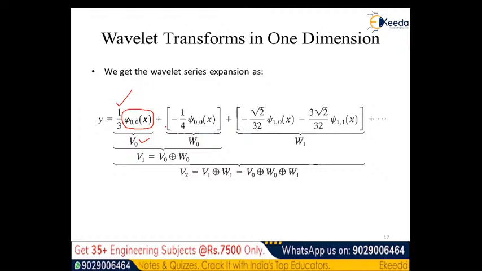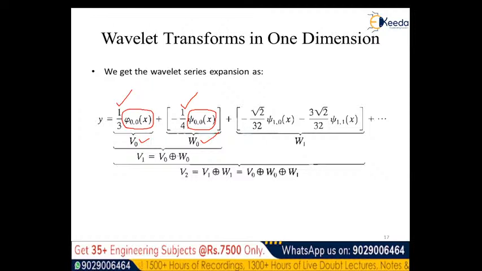So this is further added to another coefficient. Here it is the wavelet coefficient that we have just now determined, minus 1 divided by 4 multiplied to the wavelet function. Here we have psi in the suffix 0 comma 0. This is all as a function of x here. So this is nothing but the representation of the functional space w suffix 0 here.